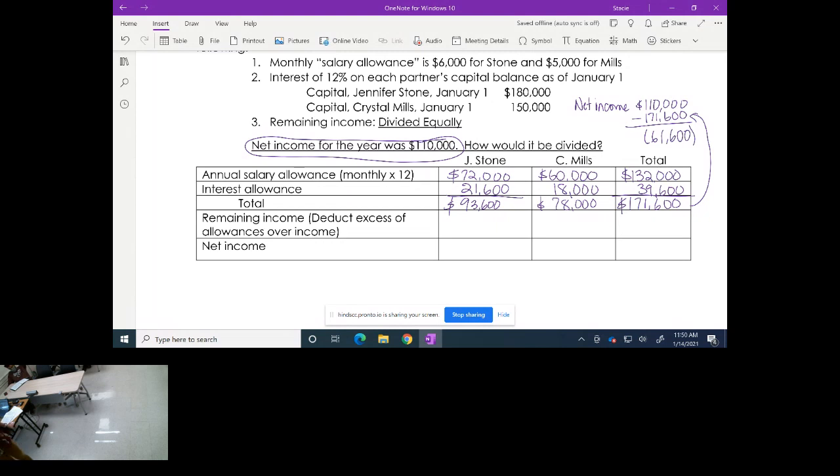And that's the thing. You could do the same way we did before. We've got to get to 110 and we've got 171.6. So we've got to subtract this out for the equation to work. That makes sense? So it's split equally. So each one gets 30,800. So Stone's net income is 62.8.